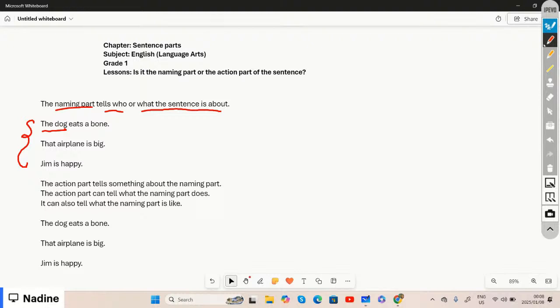What is the sentence about? If we were to identify the naming part within that sentence, we would say airplane, or the airplane. That is the naming part within that sentence.